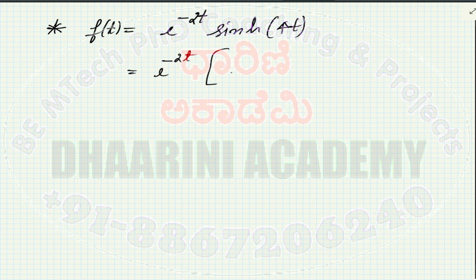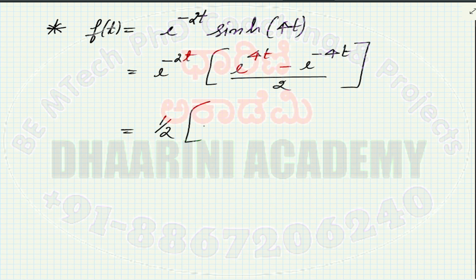The sine hyperbolic function is defined as e to the power 4t minus e to the power minus 4t whole divided by 2. So this is now half of e to the minus 2t plus 4t is plus 2t, minus e to the power minus 4 minus 2 is minus 6t. This is my f of t now, the given function.